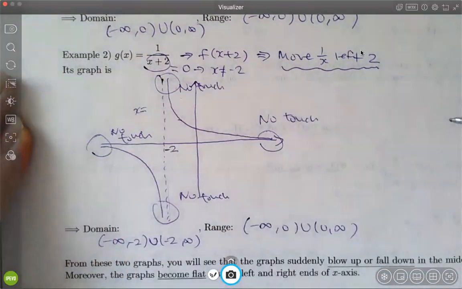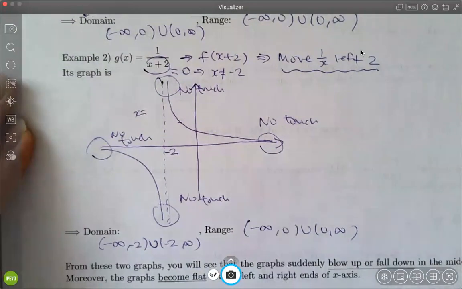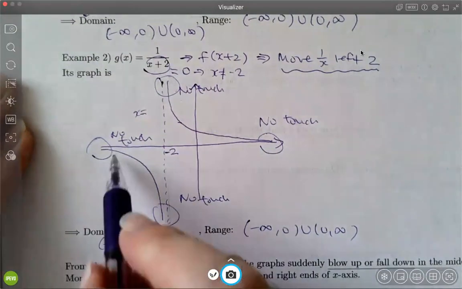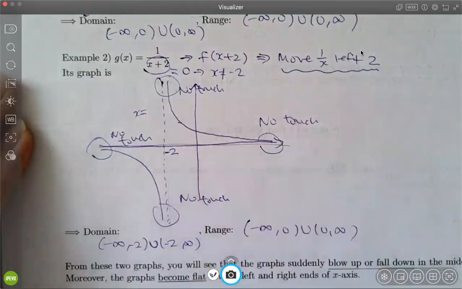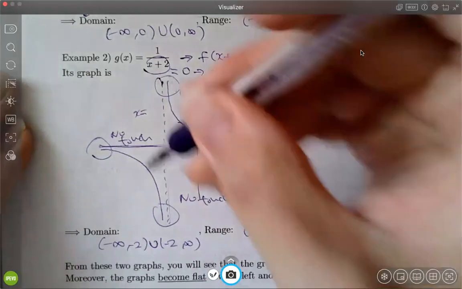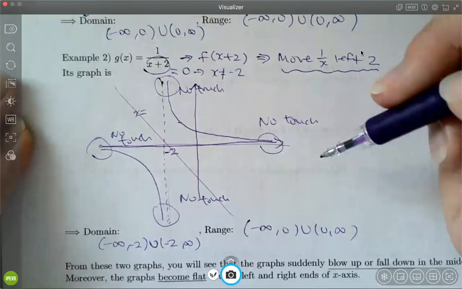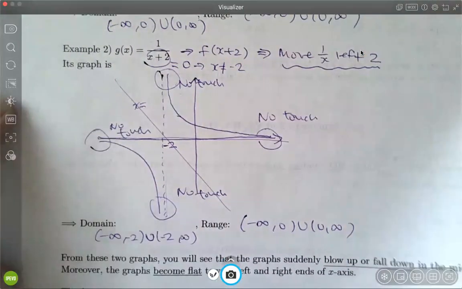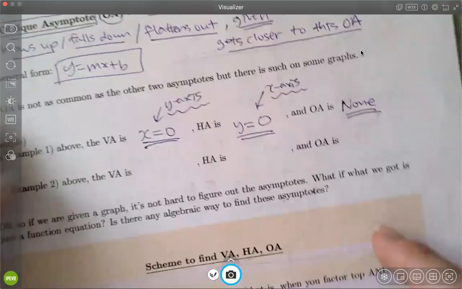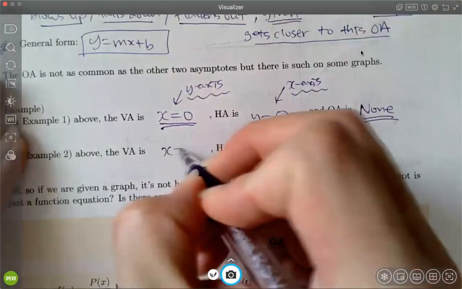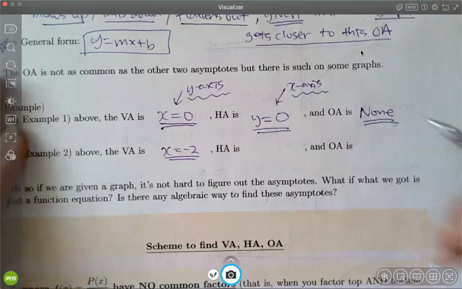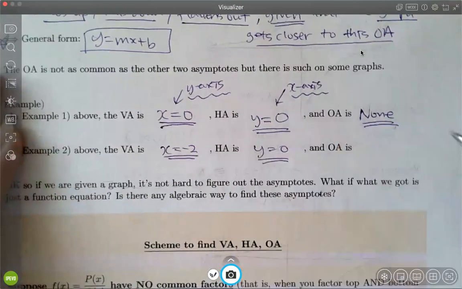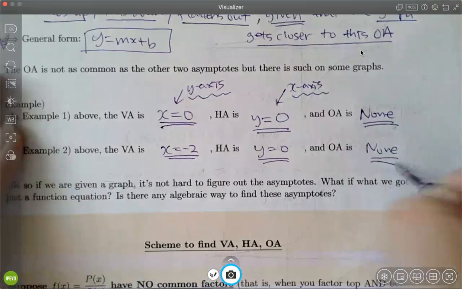Now do we have any horizontal asymptote? Yes, same thing as before: y equal to 0. Does it have an oblique asymptote? No. Once again, that's not the oblique asymptote, because the graph is moving away from it. So there's no oblique asymptote. Again, going back to here: the vertical asymptote, x equals -2. Horizontal, y equal to 0. Oblique, none. Okay.